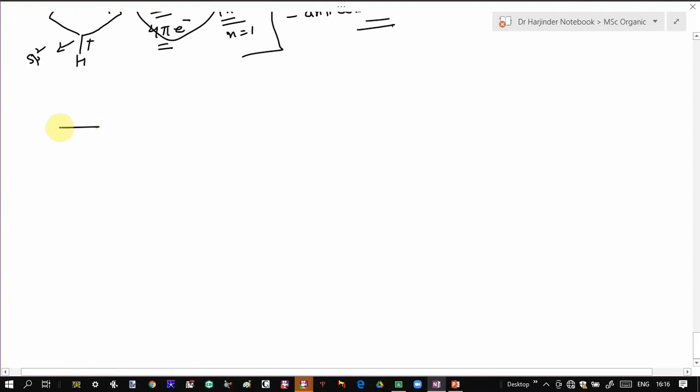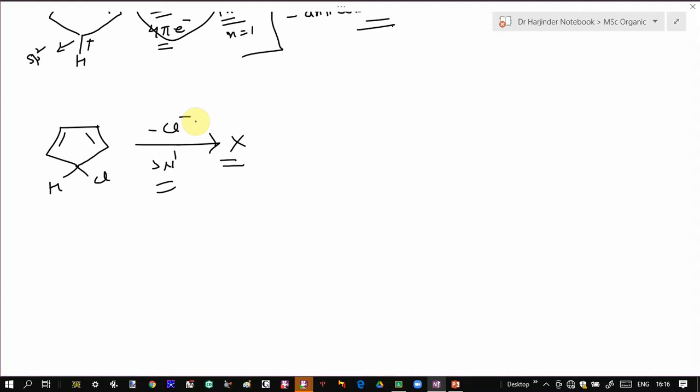For example, if you have this one, it doesn't lose Cl negative ion, because if it loses Cl negative ion to form a cation, that will become anti-aromatic and it will be highly unstable. So it does not lose Cl negative ion. So it does not undergo SN1 reaction, as in the case of cyclopropenyl anion.